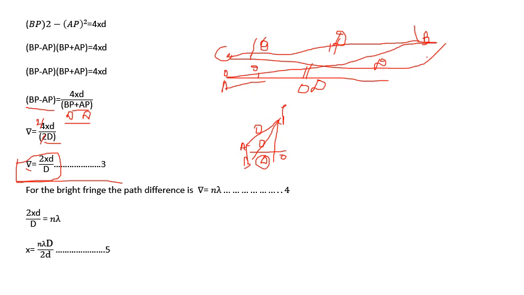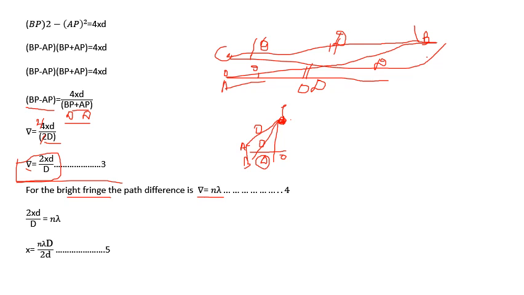But what is the color of the fringe? We don't know. So we have supposed that at the point P we get a bright fringe. As we know, in the condition of constructive interference, the path difference is equal to n lambda. So if we suppose that the path difference between AP and BP forms a bright fringe, in such a condition equation number 3 is equal to equation number 4.